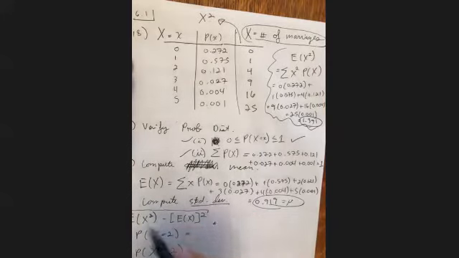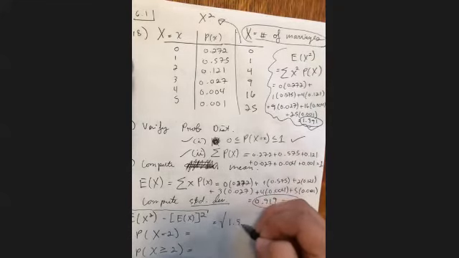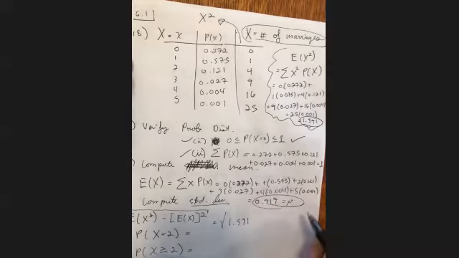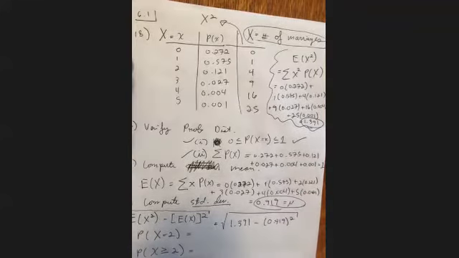So now we put that together down here to get our standard deviation. That's going to be the square root of this number, the expectation of x squared, minus the expectation of x, which is the mean, squared. And then we take the square root of that.